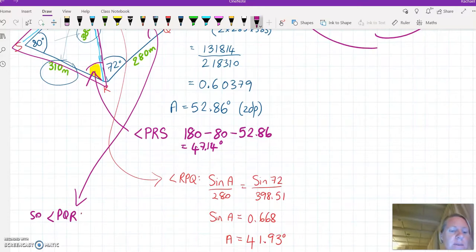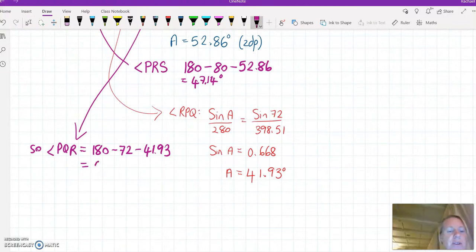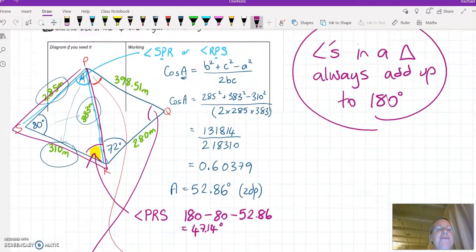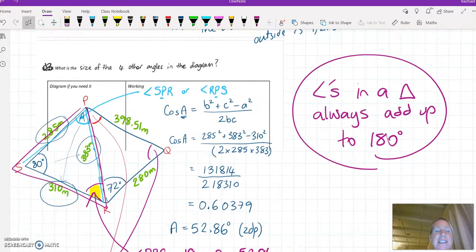It's got Q in the middle, equals 180 minus 72 minus 41.93, and we get 66.07 degrees. Yay, we did it. So that's all our 4 angles. It's juicy and meaty, isn't it?